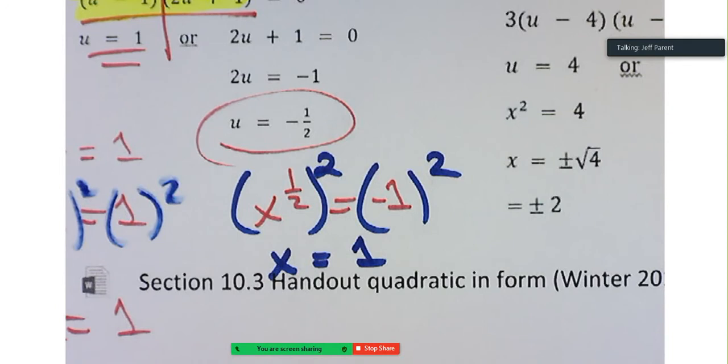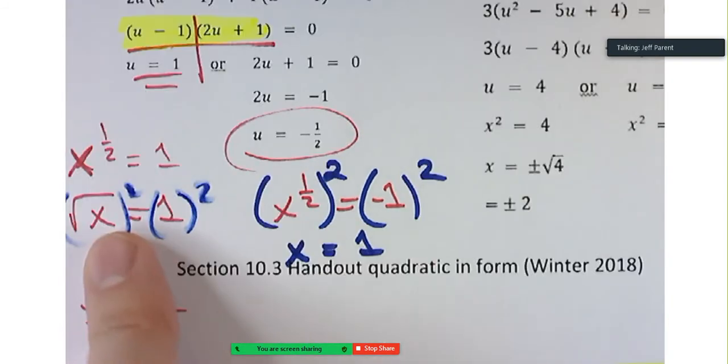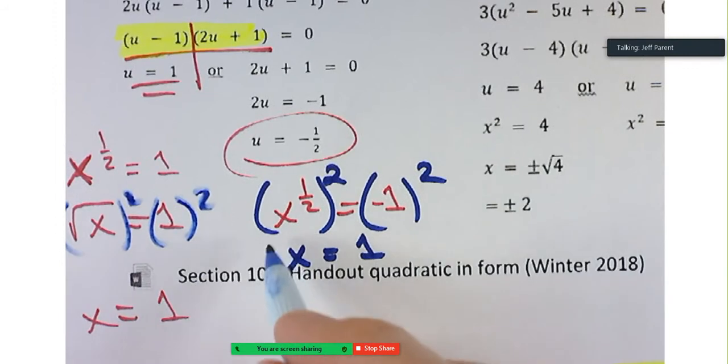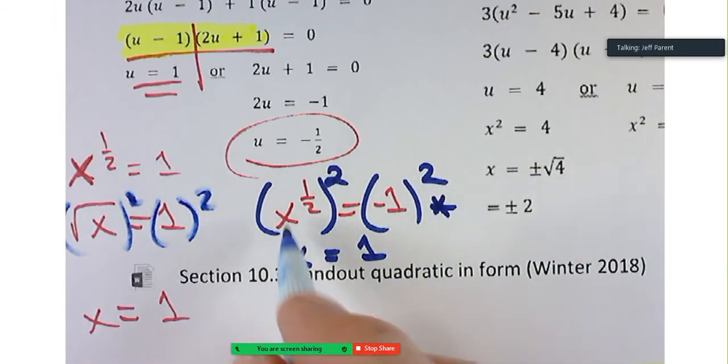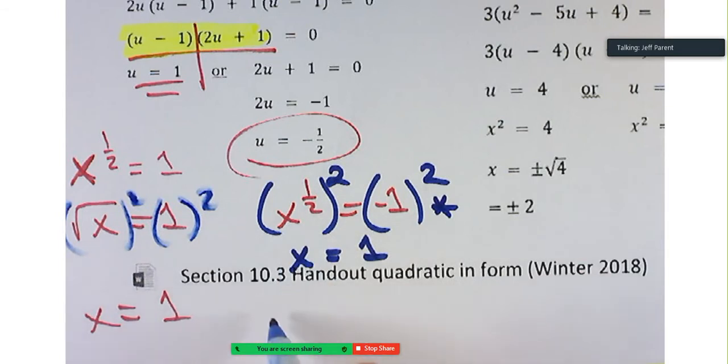And you're done. Yay. Not quite. I wish we were done. Technically, because you're squaring both sides of an equation, you have to go back and check your answers in this equation right here. Remember, something to the 1/2 power is like the square root of a number, so that's the square root of x.